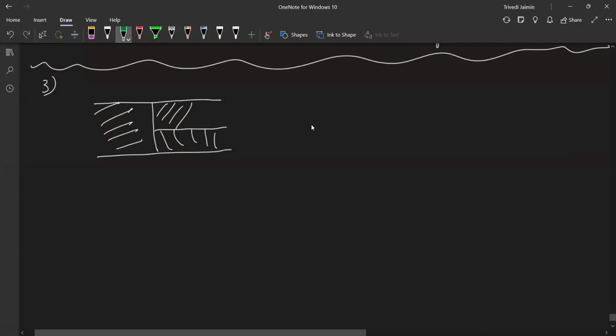I'll give names, K1, K2, K3. Distance D, plus, minus. Now show me the equivalent diagram.